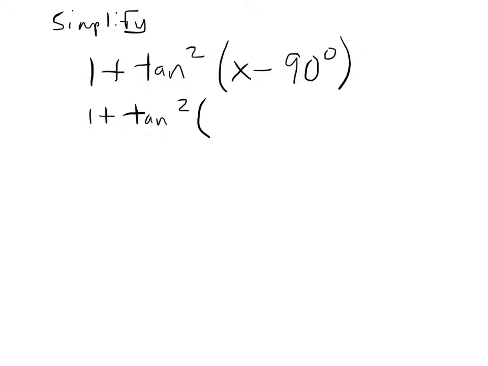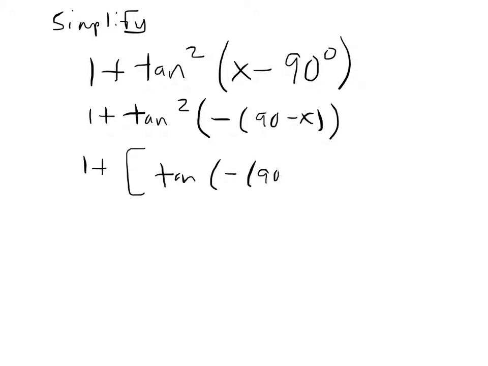So I can say, how can I get a 90 minus x out of this? Well, if I factor a negative sign out, then I can get a 90 minus x in here. And then I've got 1 plus tangent of negative quantity 90 minus x, all of that squared.